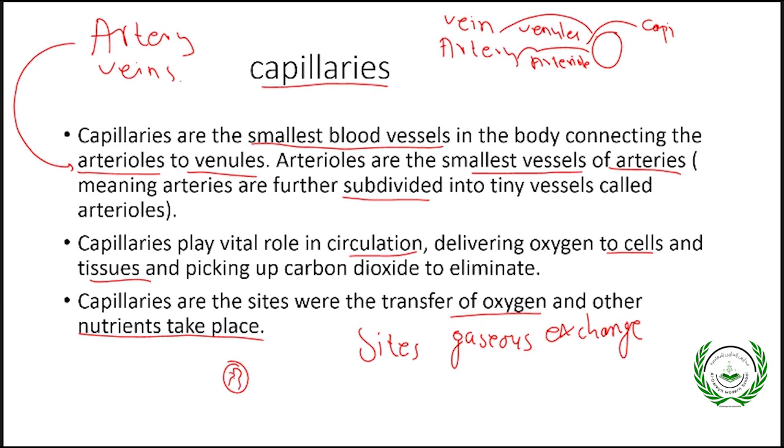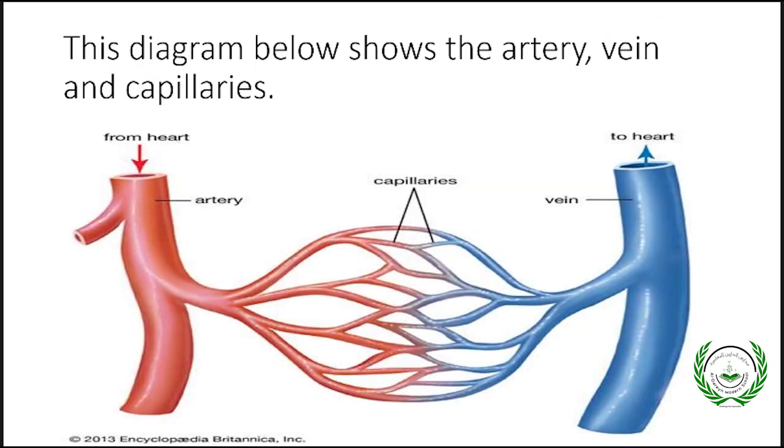Carbon dioxide is eliminated and oxygen is delivered. The basic concept is that in the cells we have a network of capillaries, which deliver oxygen and other nutrients and eliminate carbon dioxide out of the cells.